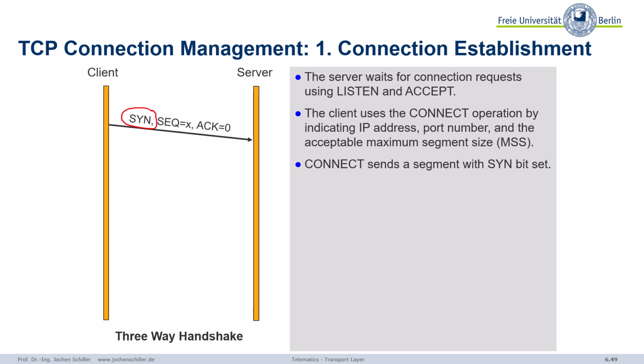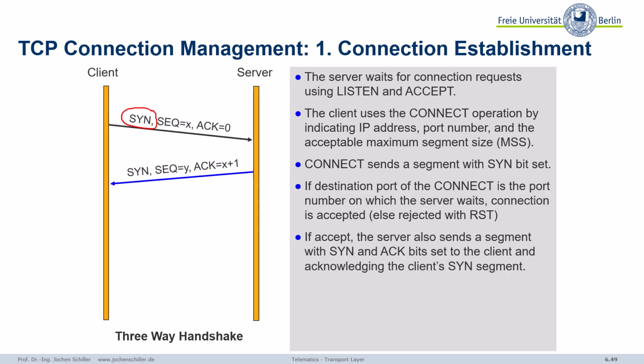So that's the idea. Then the server listens at a certain port, we have to know the port, port 80 for example for the web, and returns with a SYN ACK packet. SYN ACK, that's the answer for this SYN. So SYN ACK means we have the SYN flag set and the ACK flag set.